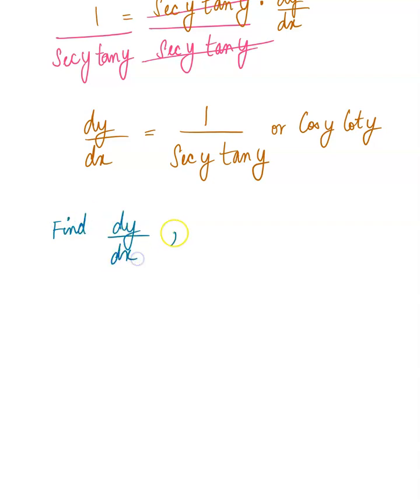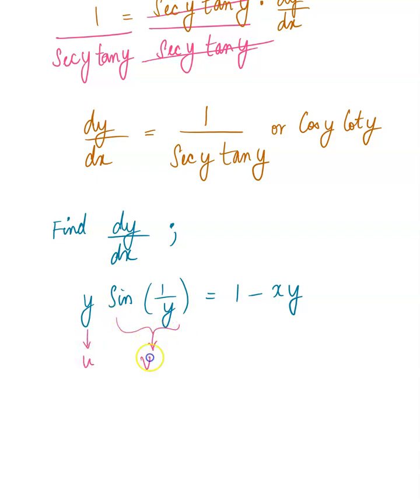Look at the next one. Okay. Again, remember product rule, and within it we have the chain rule. So if it's a product rule, this is u and this is v.